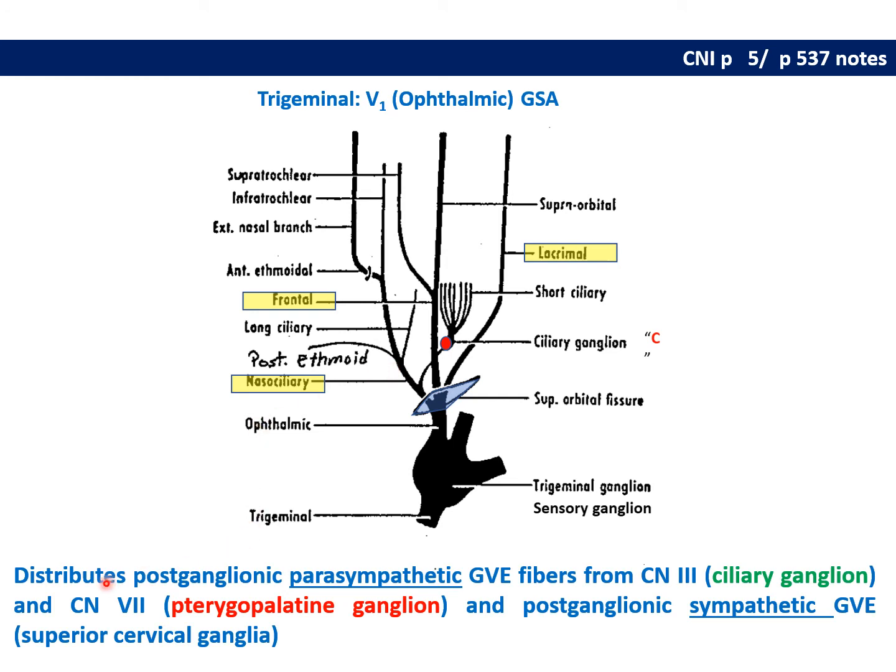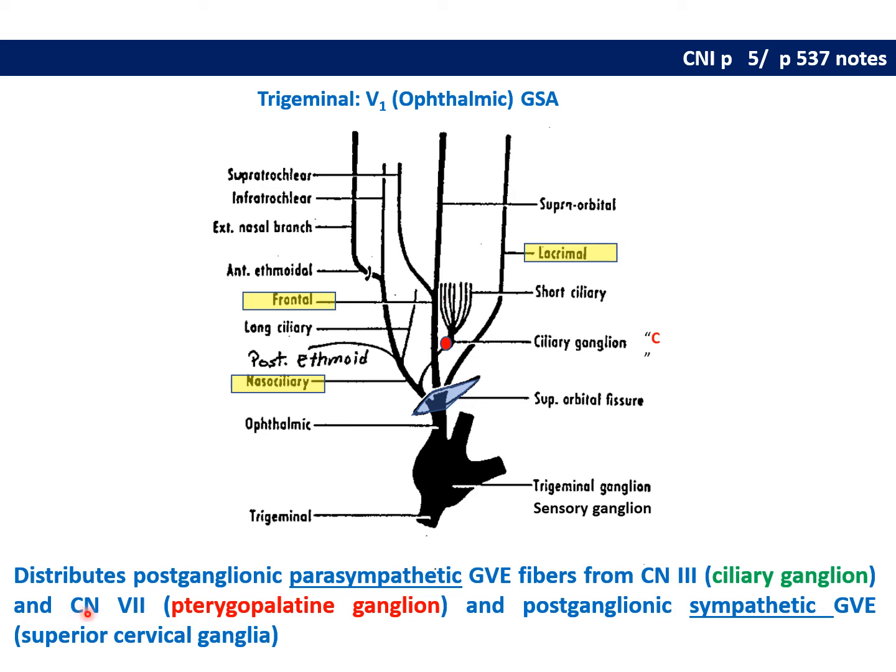I mixed that up, so let me just correct that. The short ciliary nerves distribute parasympathetics from cranial nerve 3, I'm sorry, I misspoke, from cranial nerve 3 in order to get to the pupil.